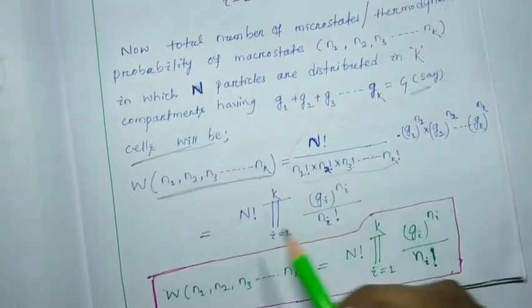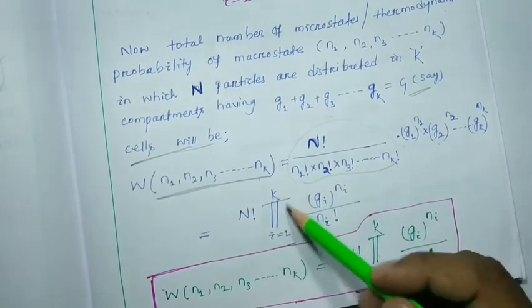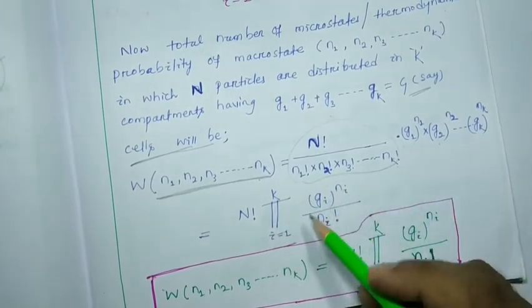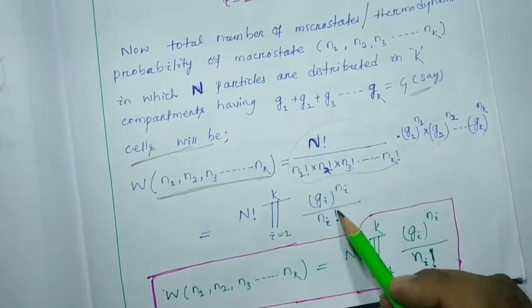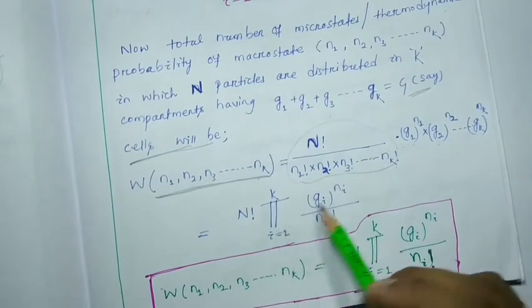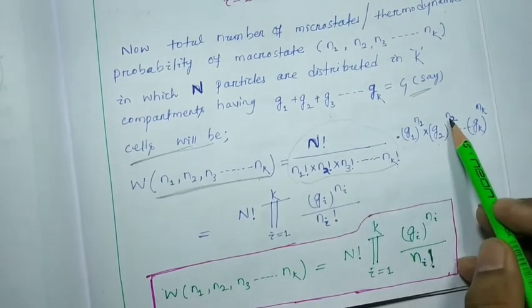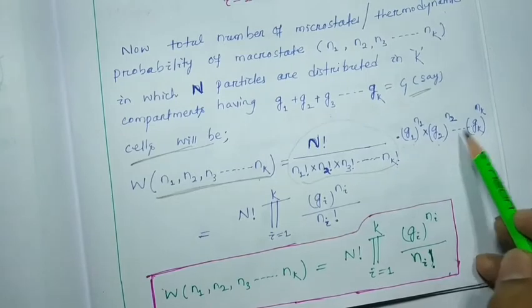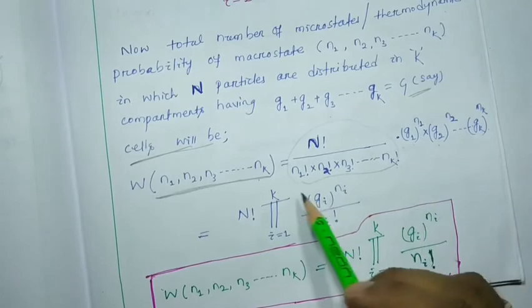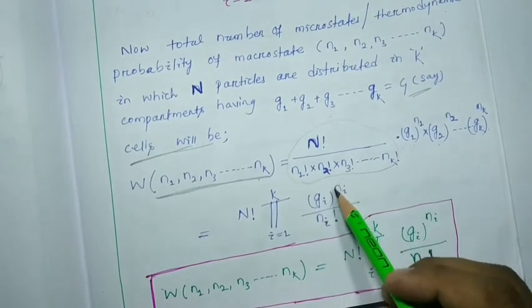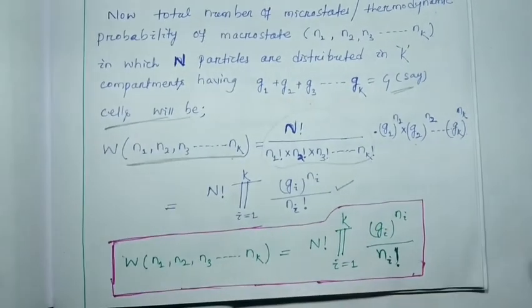In short, we can write N factorial, product, which is the representation of continuous product, gi to the power ni divided by ni factorial. This means g1 to the power n1 into g2 to the power n2 into g3 to the power n3 up to gk to the power nk divided by n1 factorial into n2 factorial into n3 factorial up to nk factorial.